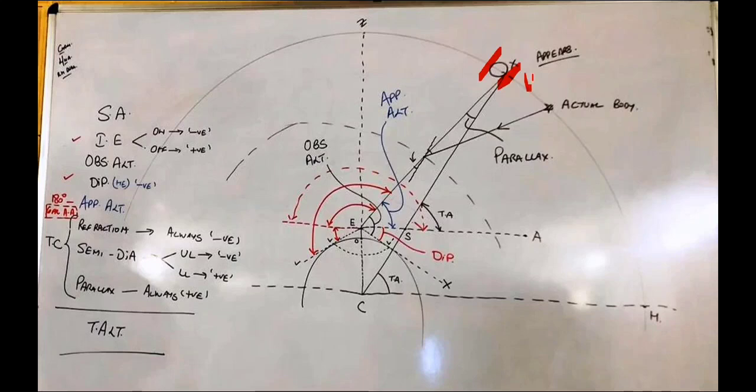If you observe the lower limb, you have to add the semi-diameter, and if you observe the upper limb, you have to subtract the semi-diameter. So on the left side, you see this correction here, semi-diameter. In case of upper limb, it is minus, and in case of lower limb, it is plus.